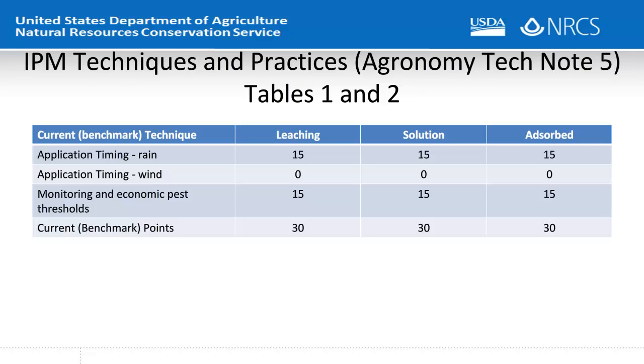The application timing wind technique contributes no points, and the monitoring and economic pest thresholds technique contributes 15 points to all hazards. In Mr. Smith's situation, he is probably currently using techniques that would contribute 30 points toward mitigating the pesticide risk, so we would consider that the benchmark condition.